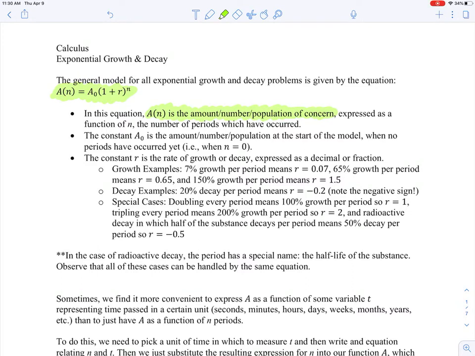And I'm using function notation here. You don't have to use function notation, but it shows that the amount is going to be a function of the number of periods that have occurred.